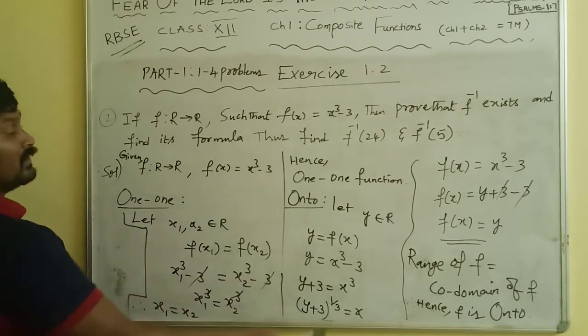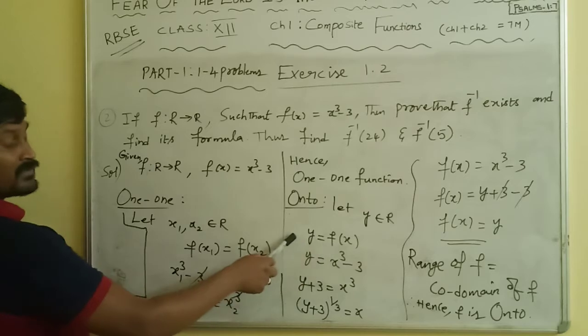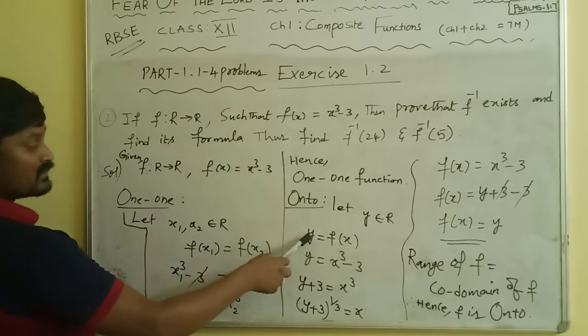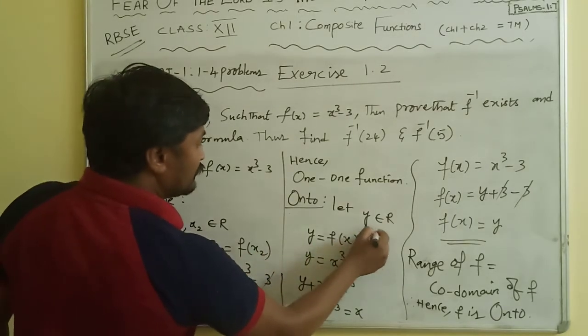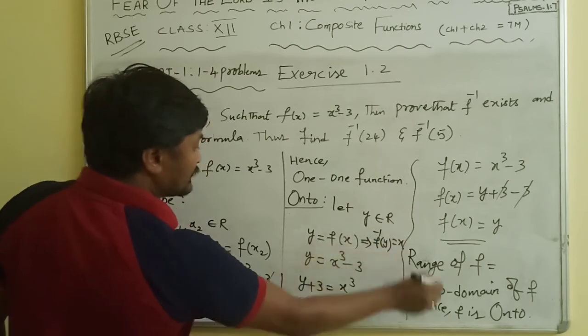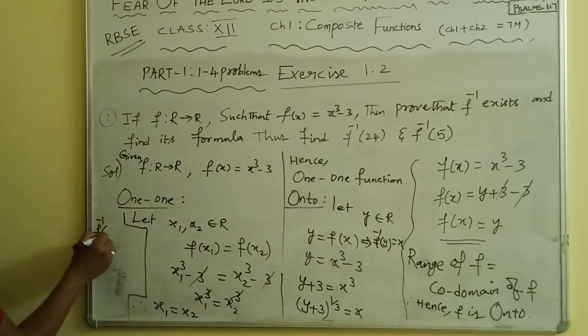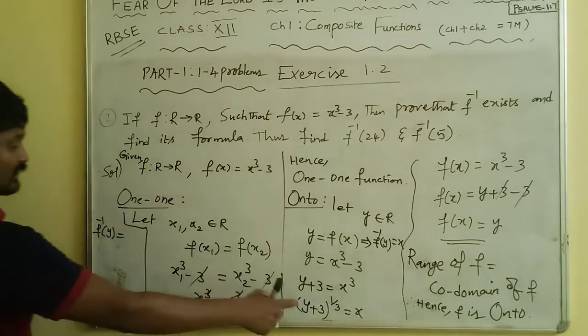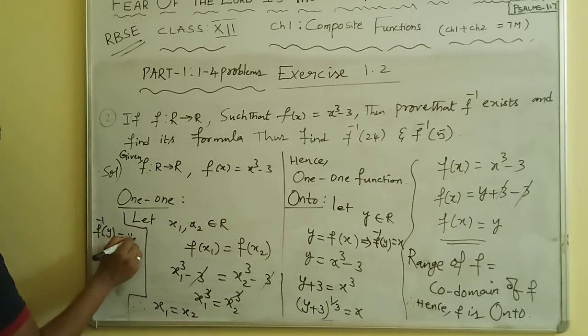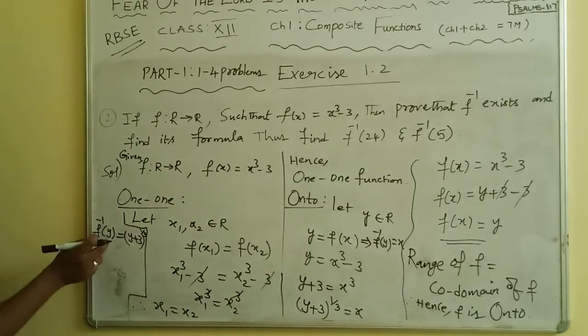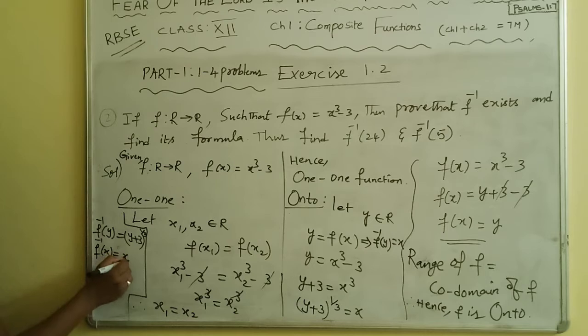Here f is multiplying, so it comes to the other side as inverse. So f inverse of y is equal to x, which is y plus 3 whole power 1 upon 3. Now replace y with x, and we get the formula: f inverse of x is equal to x plus 3 whole power 1 upon 3. So the formula is also found.